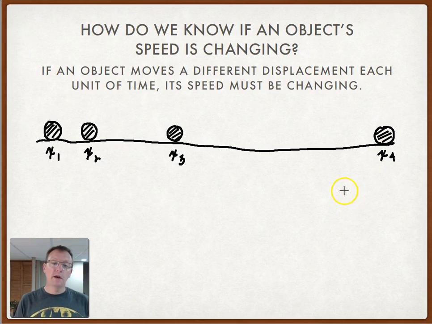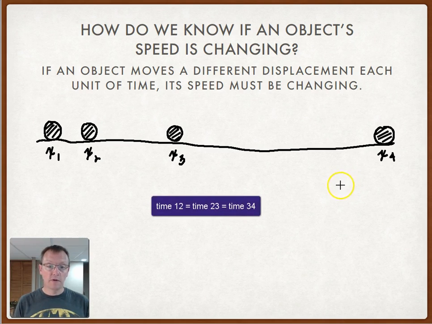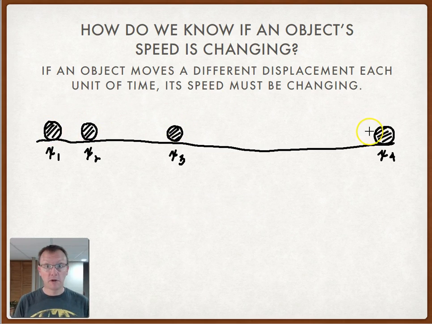Okay, now I hope you would agree that the change in time, the time interval, is the same for all three of these changes: from here to here, from here to here, and from here to here. So we have three changes, right? If the time interval is the same, we can look at the displacements. Here's displacement number 1.